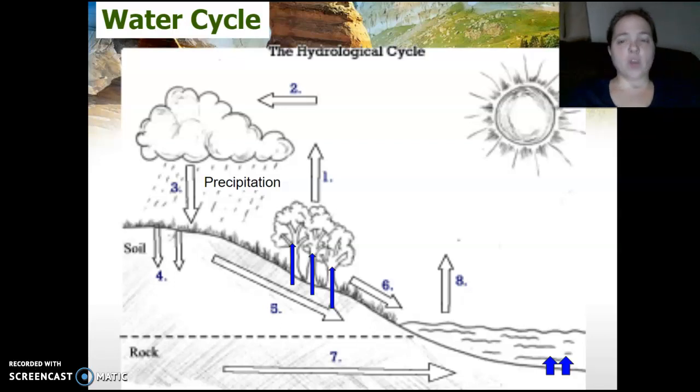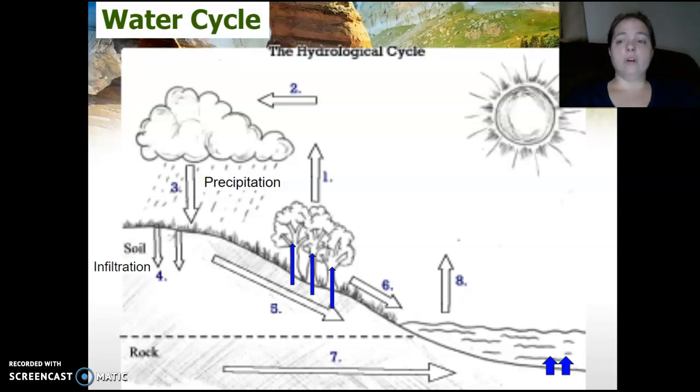So after you have these clouds, you have precipitation. Precipitation is water coming down in some form, liquid or solid, depending on the temperature outside. And once it hits the ground, it can do a couple of things. First thing it's going to do, or hopefully can do, is infiltrate.